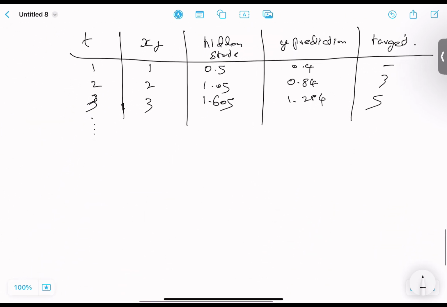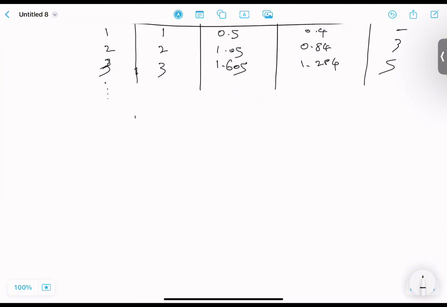Once we have done this forward pass, the next step is backpropagation, BPTT.